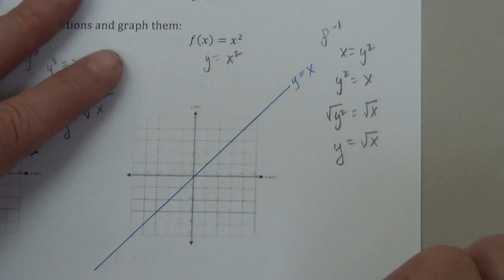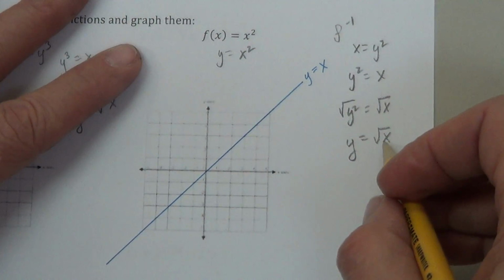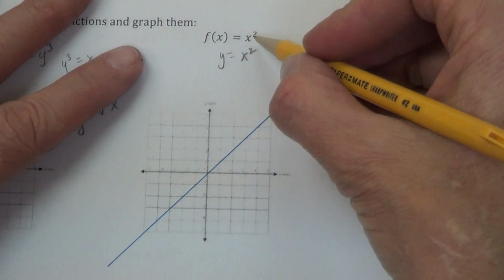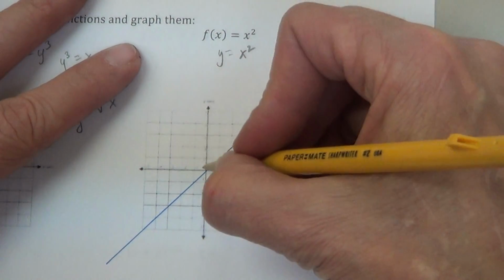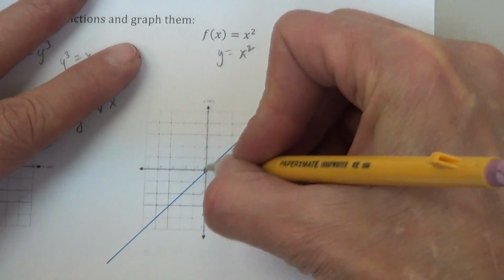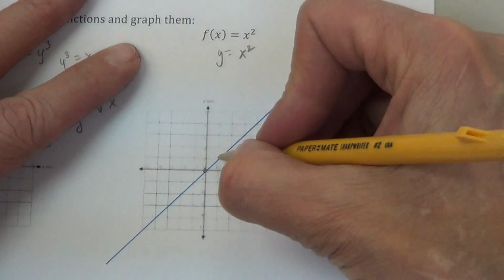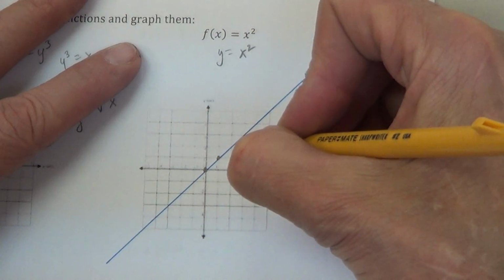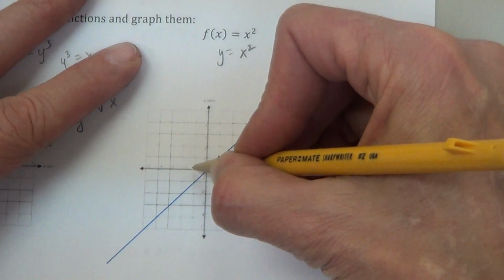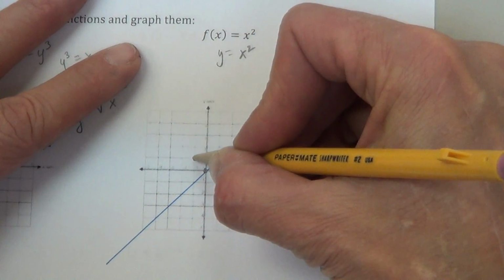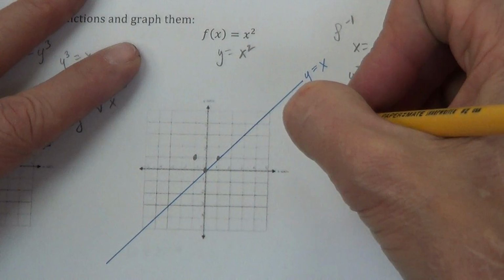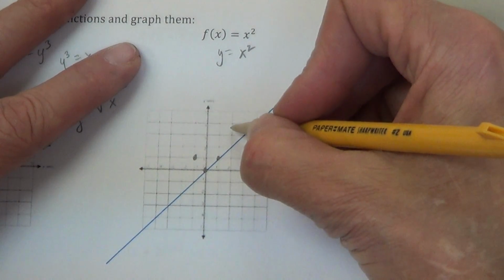Okay? So when we plug in 0 to this one, 0 squared is 0. Plug in 1, 1 squared is 1. Plug in negative 1 squared is positive 1, because negative 1 times negative 1 is positive 1. 2 squared is 4.